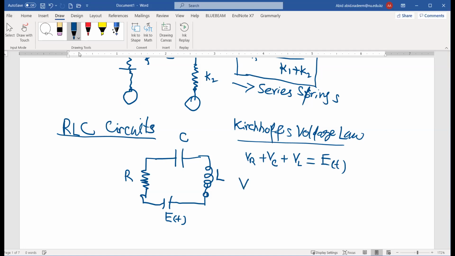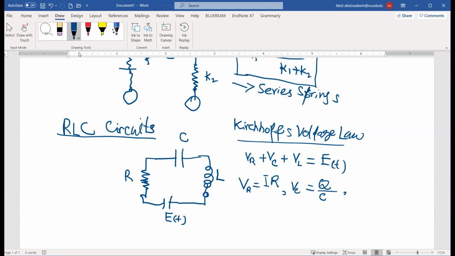For example, the voltage across the resistor is represented by the current passing through the circuit times the resistance. The voltage across the capacitor is represented by the charge on the capacitor divided by the capacitance.